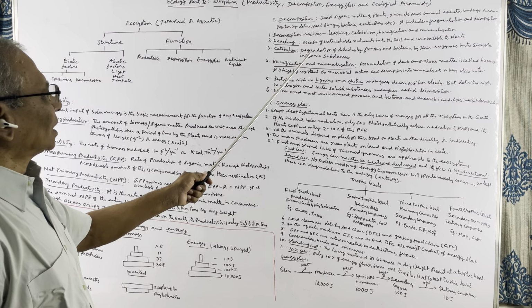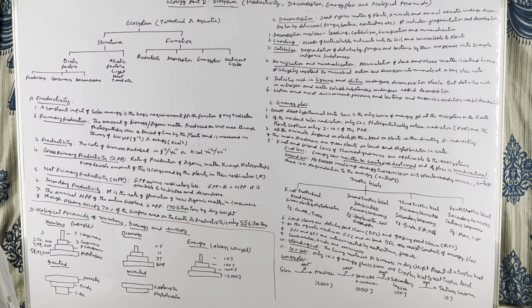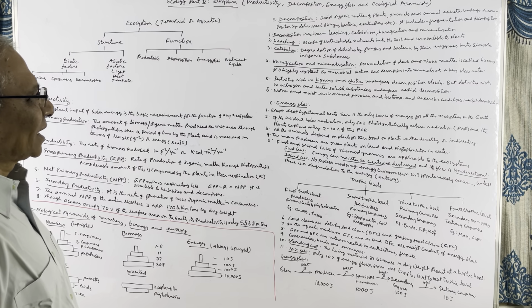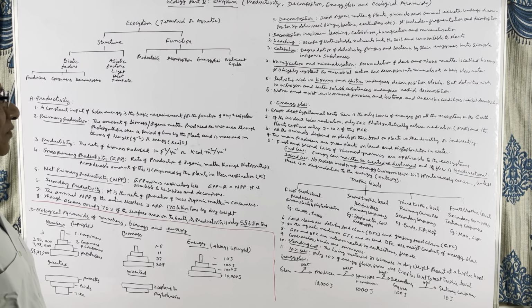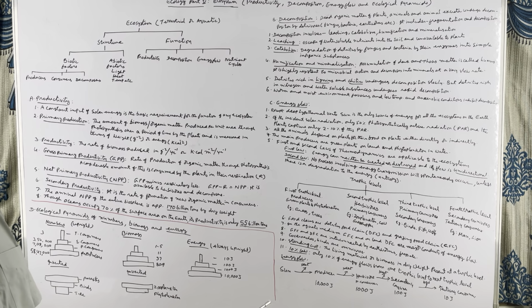Then this degradation not only results in the release of energy for the decomposers, but it also helps in breakdown of the dead organic substances with the help of the enzymes into simple substances. So, through catabolism, the decomposers break down the dead organic matter into simple inorganic substances.